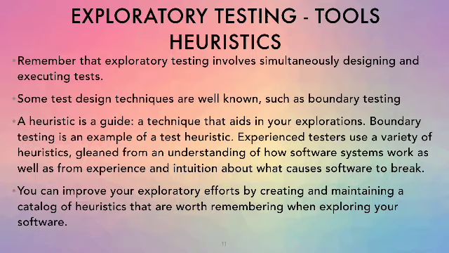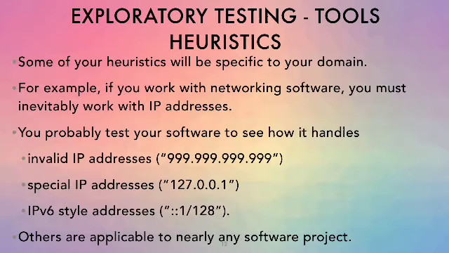There are certain heuristics which are specific to the domain. For example, if you have started working with networking software, then you must inevitably work with IP addresses. So you have to see how your production code handles some of the IP addresses. You can try giving an invalid IP address of 999.999.999 and see how your system throws an error.